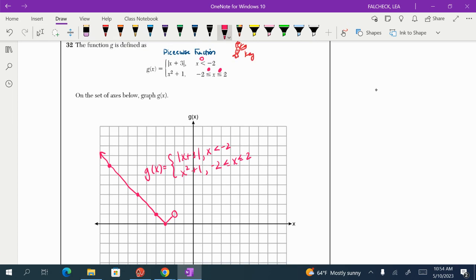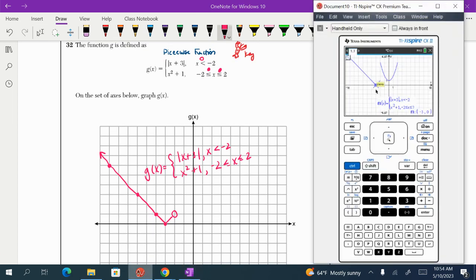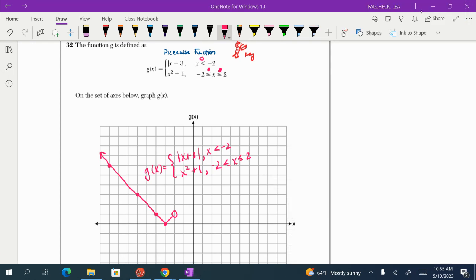It's x squared plus 1, so it's going to be a quadratic going from -2 to 2. So I go to the graph, and I'm going to put two closed circles, and let's start graphing our parabola. So -2, 1, 2, 3, 4, 5. That's my first point. Oh, I should have waited to write that. I'm just going to move it. Okay. So -2, 1, 2, 3, 4, 5.